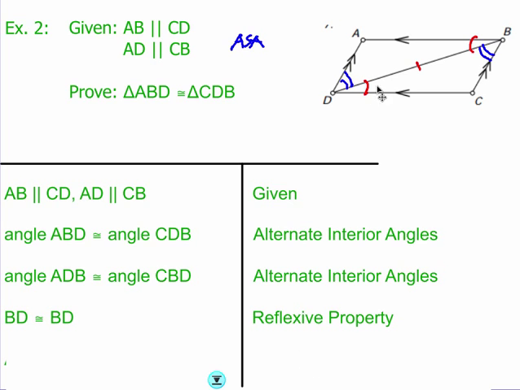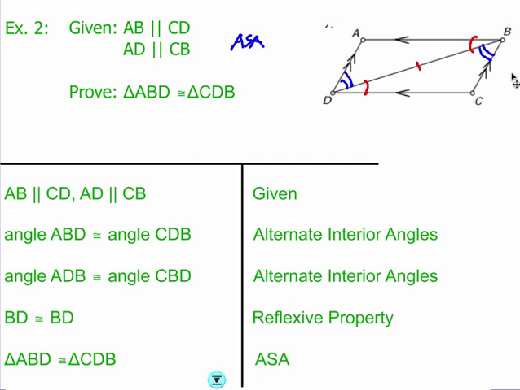Then we can say, well, this side, BD, is congruent to itself, obviously, but the property we use for that's the reflexive property, because it's equal to itself. It's pretty self-explanatory. And then we can say, well, there we go. Our two triangles are congruent by the angle side angle congruence theorem.